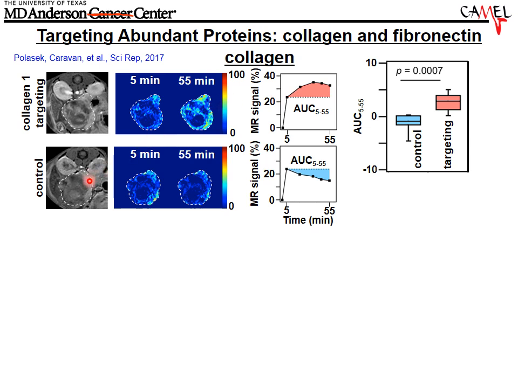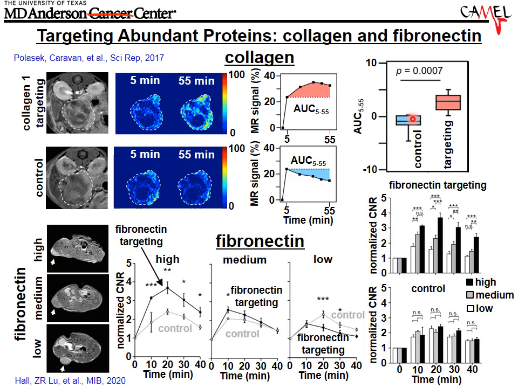In the control tumor that did not have high collagen content, the agent basically washed in and washed out of the tumor as normal. And you can see the difference between, I'm sorry, this is a control agent on the same tumor type. So the targeting agent worked well on the tumor that had a lot of collagen. The control agent did not, showing that there is some detection of collagen in this case.